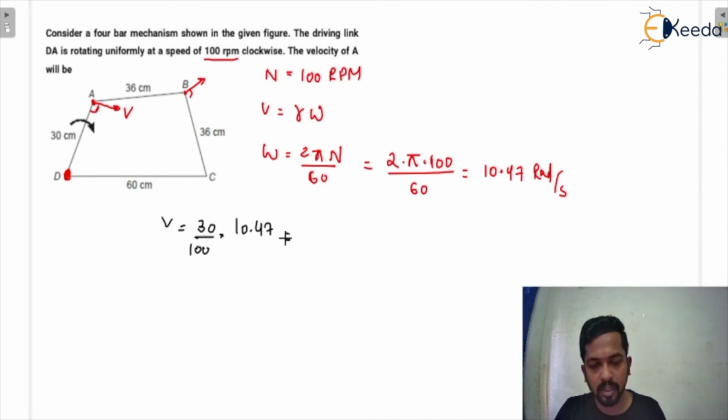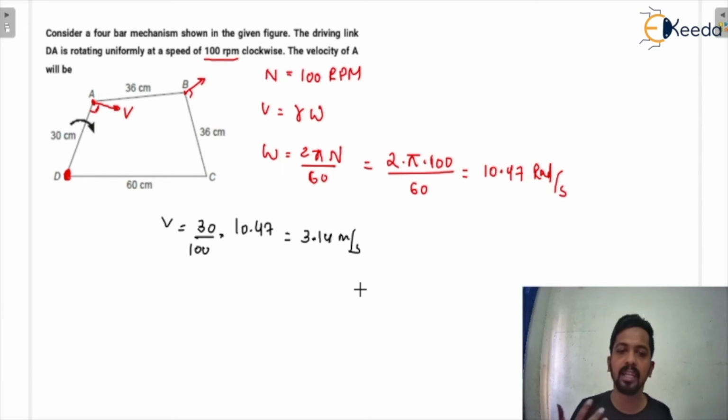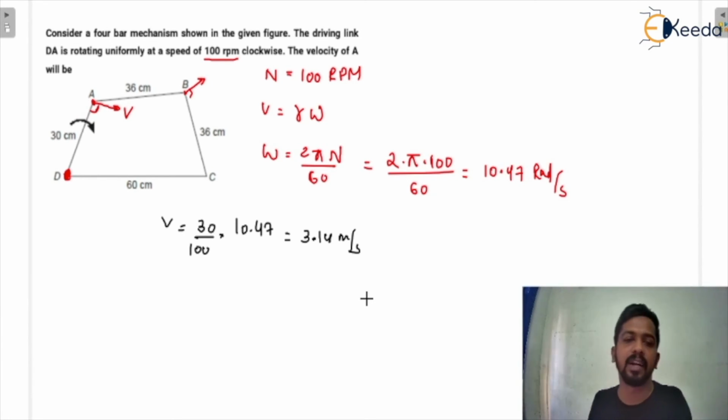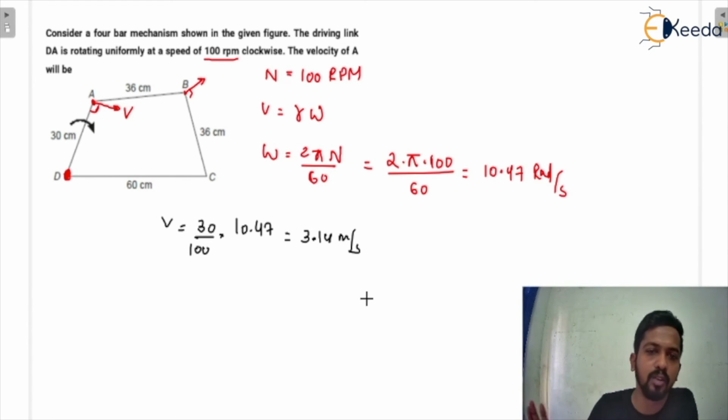When you solve this equation, you will get the value of 3.14 meter per second. If the question asks for centimeter per second, then you have to multiply by 100. But if the question says to find the velocity in meter per second, you have to convert centimeter into meter.